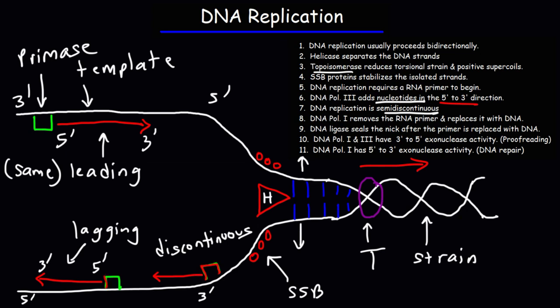So it's been replaced by DNA polymerase I, which replaces the RNA primer with DNA material. Now, once that happens, you're going to have some spaces in between. By the way, these fragments are called Okazaki fragments. Hopefully I spelled that correctly.